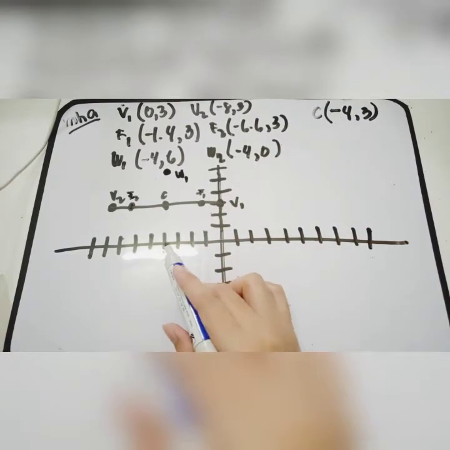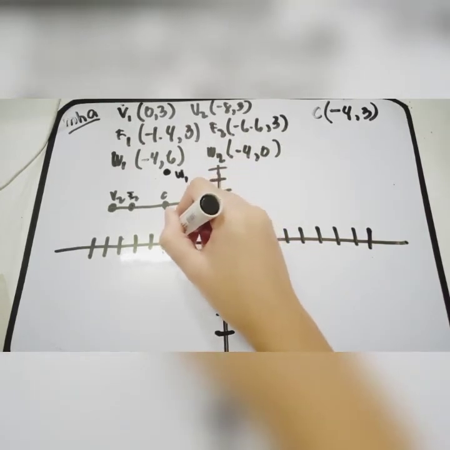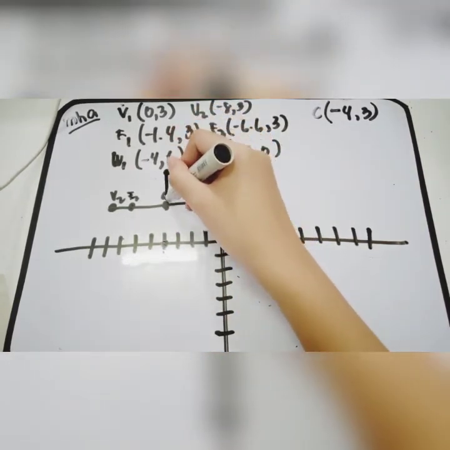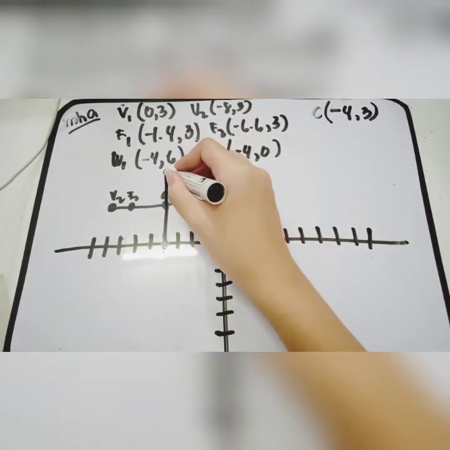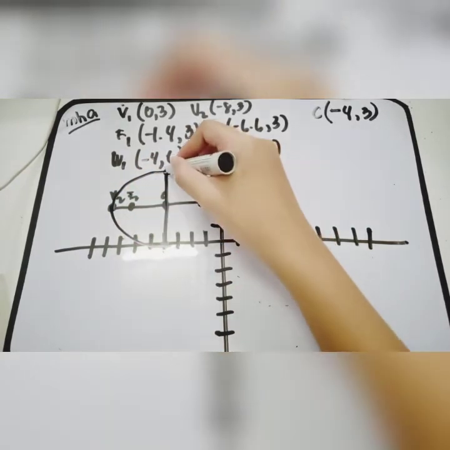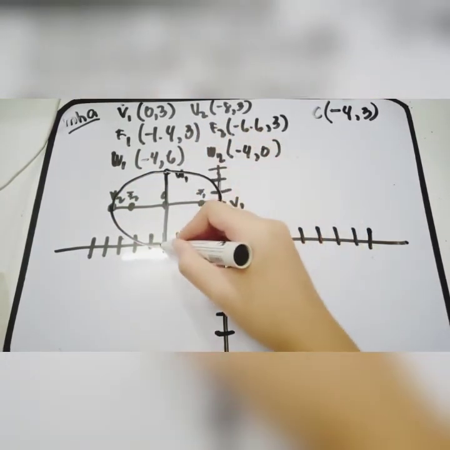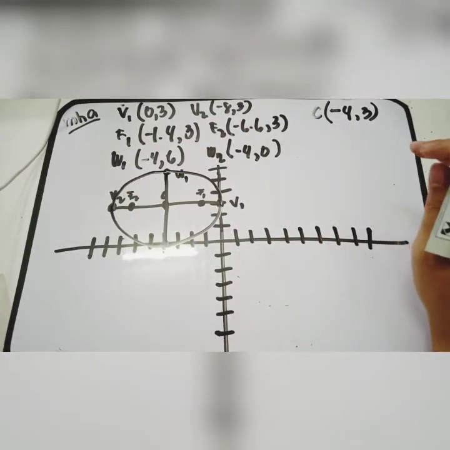So, negative 4, 0. 1, 2, 3, 4, and then 0. That's here. So, let's connect them. There. So, we have formed the ellipse. So, our ellipse is lying horizontally since it has a major horizontal axis. Okay, got it?